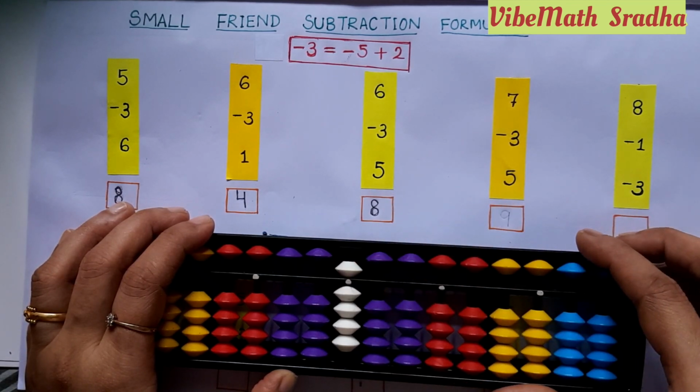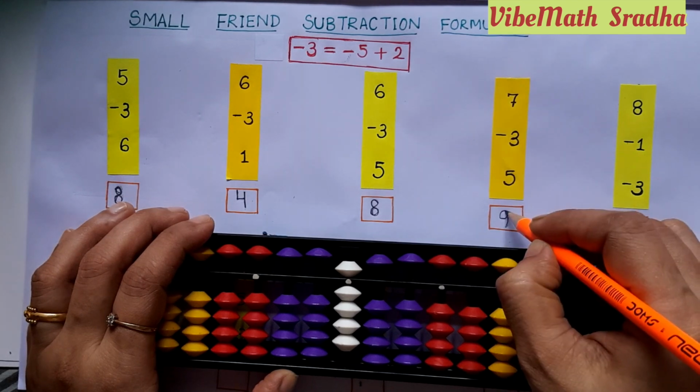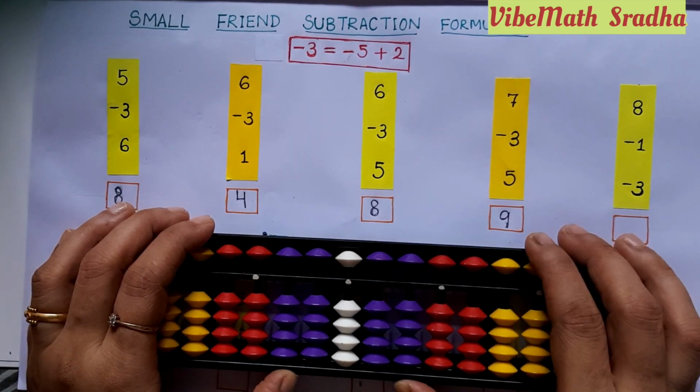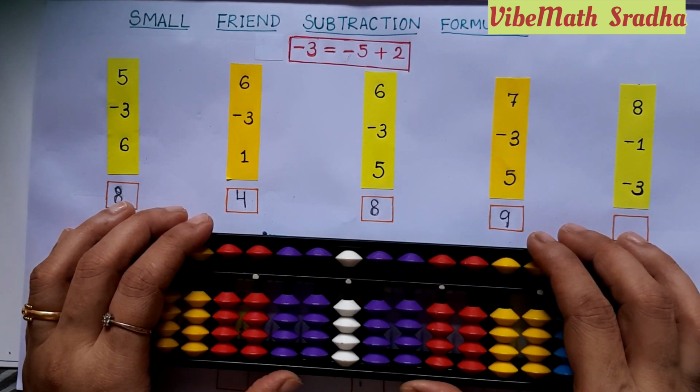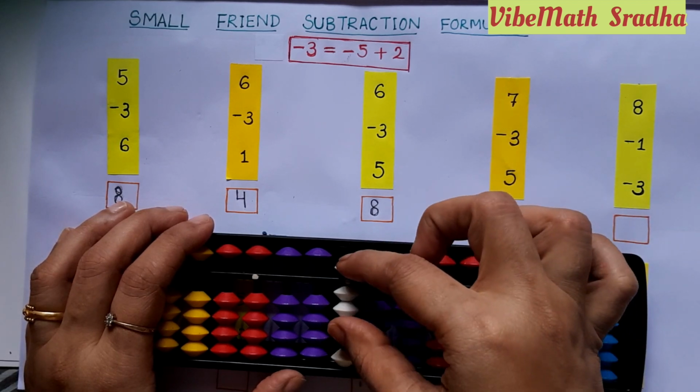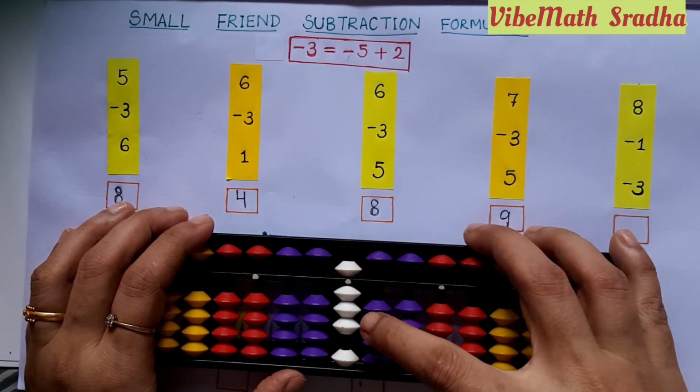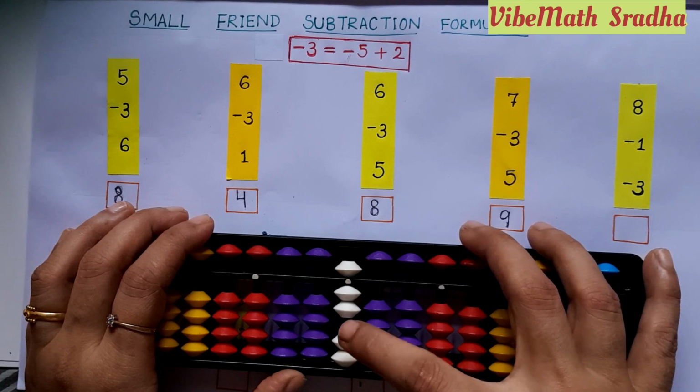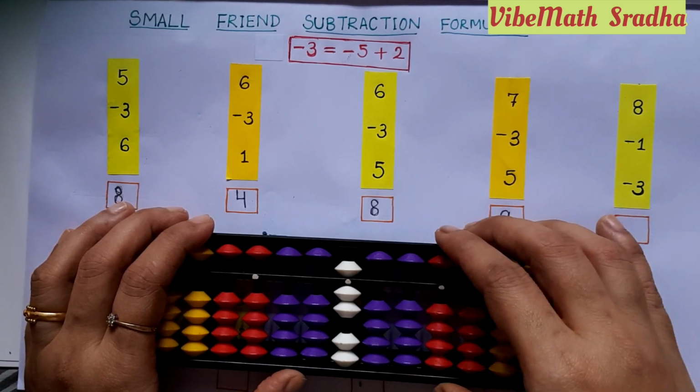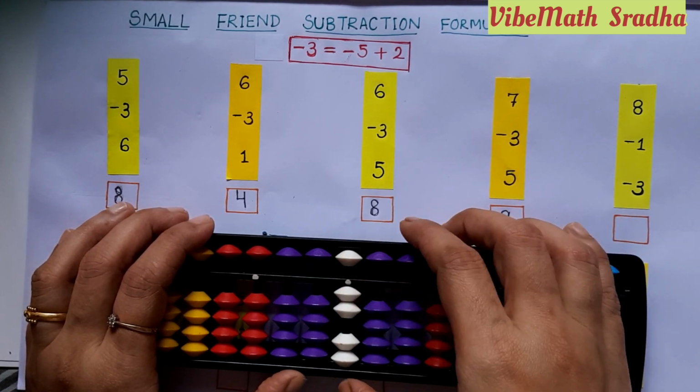Our answer is 9. Our next question is 8 minus 1 minus 3. 8 minus 1, we can directly subtract 1. Then minus 3. Minus 3 is minus 5 plus 2.